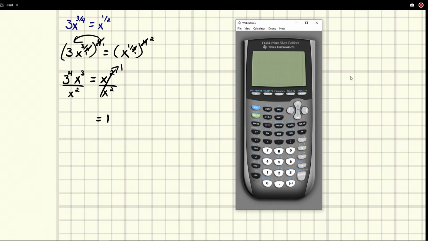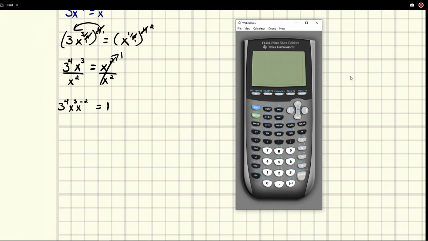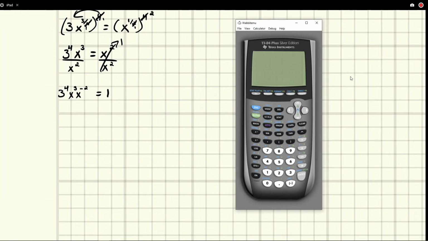And on this side, whenever we have exponents that are the same base, we can just do a subtraction and combine them together. So you're technically adding a -2, or you could just look at it as 3 minus 2. So this is 3 to the 4th, and 3 minus 2 is just 1.